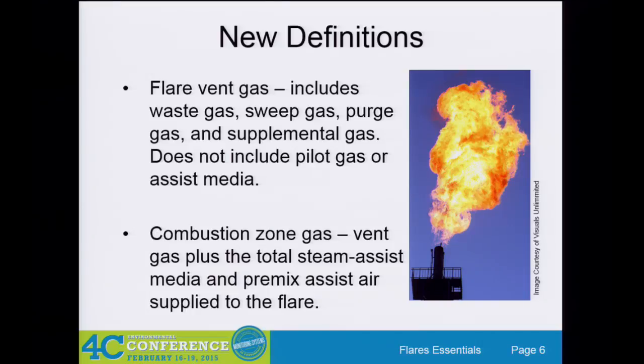They pulled out any addition of the pilot gas. So before, when we were talking about how the consent decrees calculated things that had the pilot gas added, they're stripping that out. They don't want to have that gas in there. They also added in for the steam assist, this premix assist air. They also have a concept of perimeter assist air. Again, all kinds of new terms that haven't been used, but they are using them in this rule.